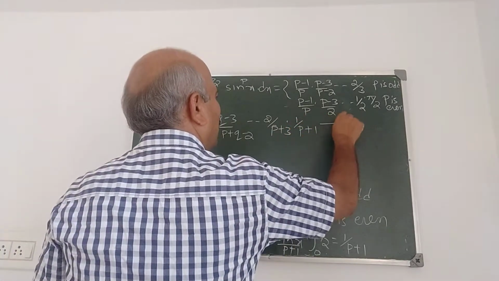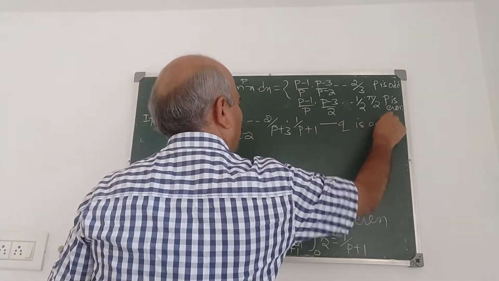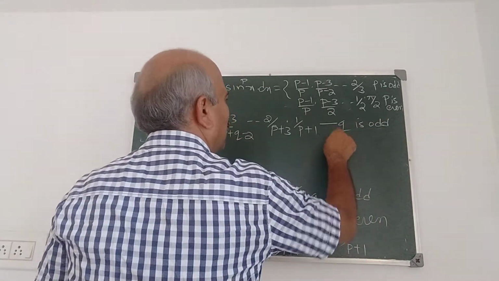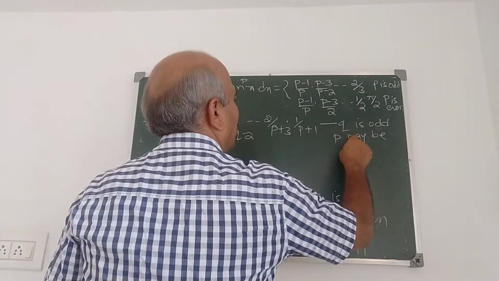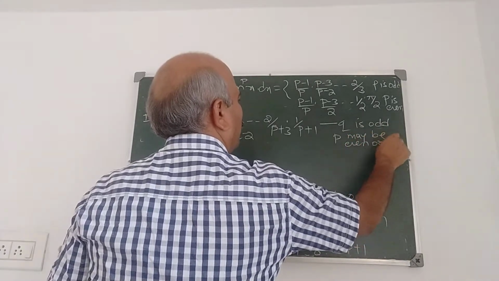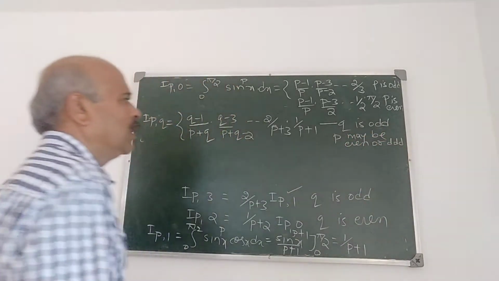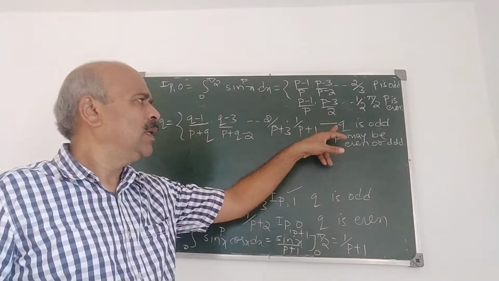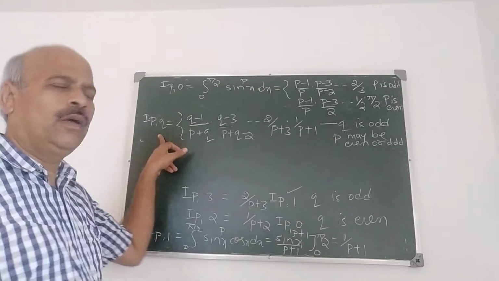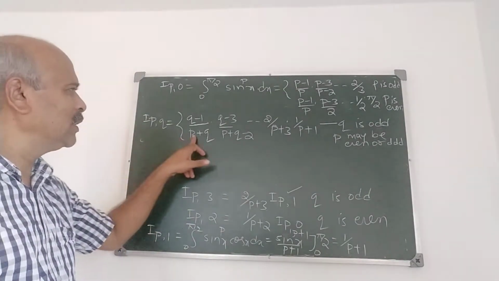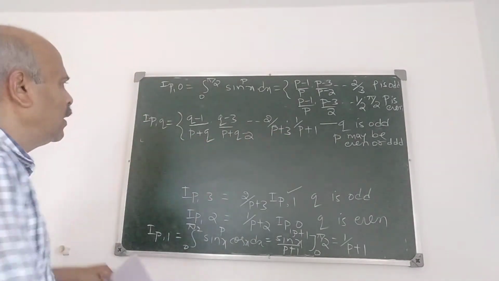This is when q is odd, p may be even or odd. It doesn't depend on p. So when q is odd, we have I_{p,q}, that is the integral from 0 to pi by 2 of sin x raised to p cos x raised to q, is this.